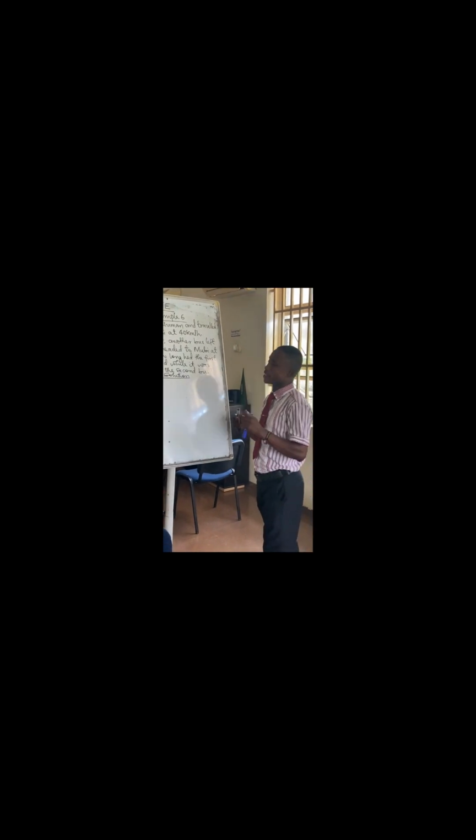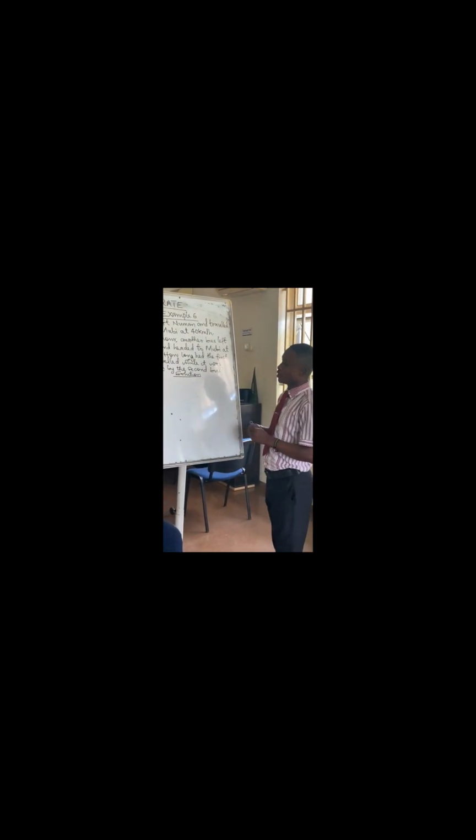Therefore, to generate our equation, the distance covered by the first bus must be equal to the distance covered by the second bus. That means we generate our equation by saying D1 equals D2.